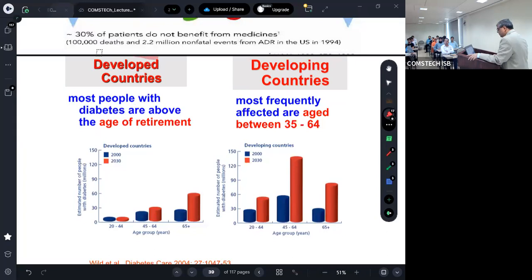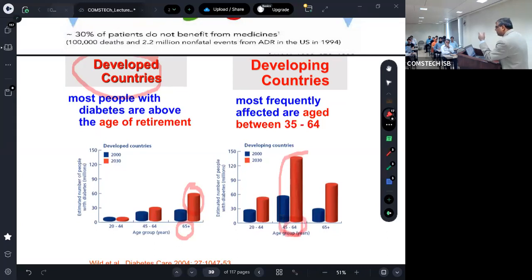In developed countries, the maximum number of diabetic patients is 65 plus. But in developing countries, the maximum number of patients is 45 to 64. That means in developing countries, the patients are in their working years, while in developed countries they are after retirement.